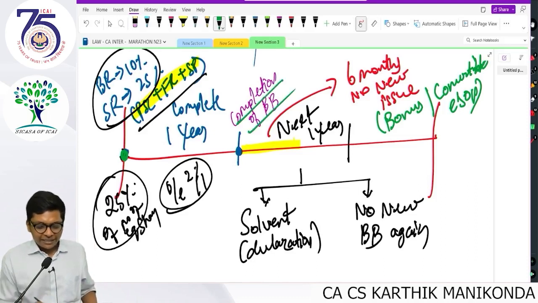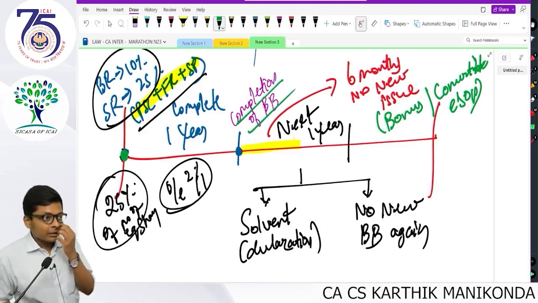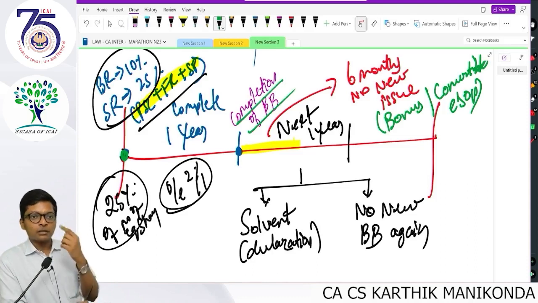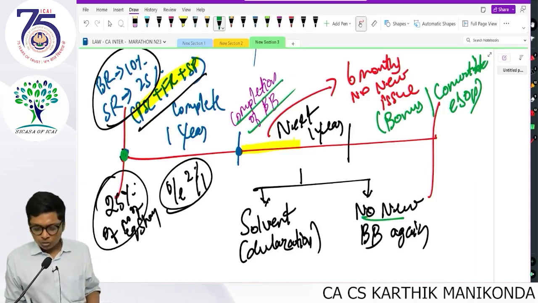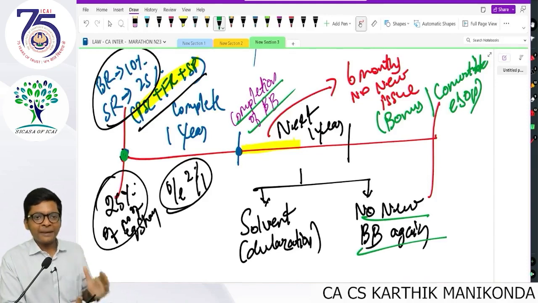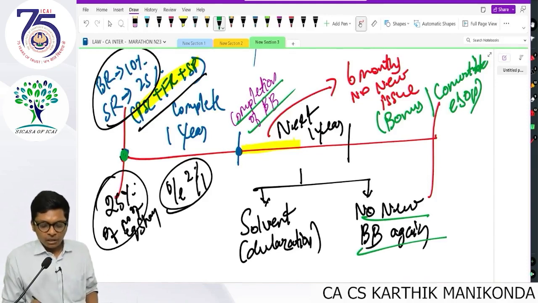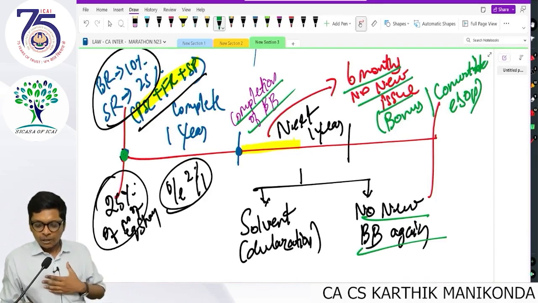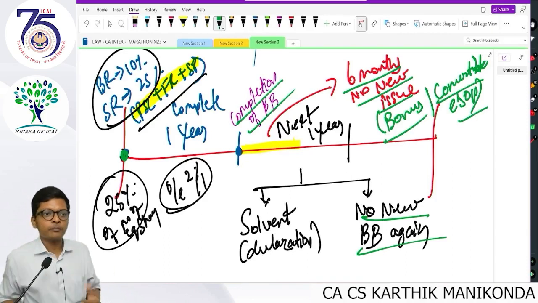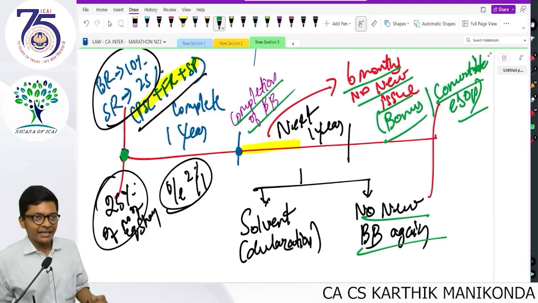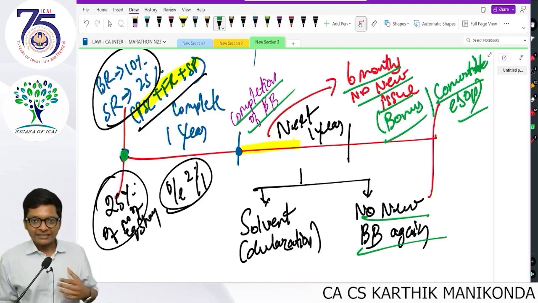Once buyback is completed, for the next 1 year, the company should declare we will remain solvent and no new buyback again. Once buyback is done, for the next 6 months, no new issue, but exceptions are bonus, convertible, ESOP. Are you following, guys?